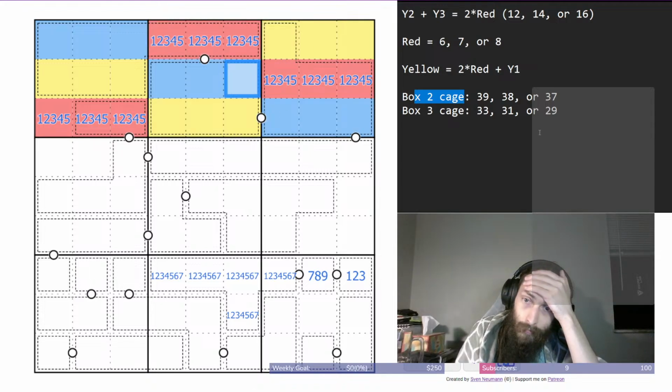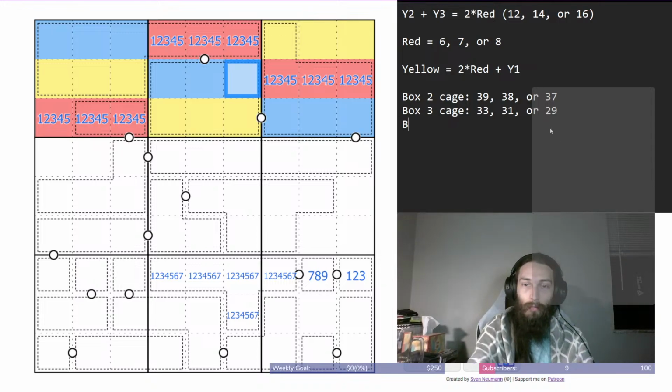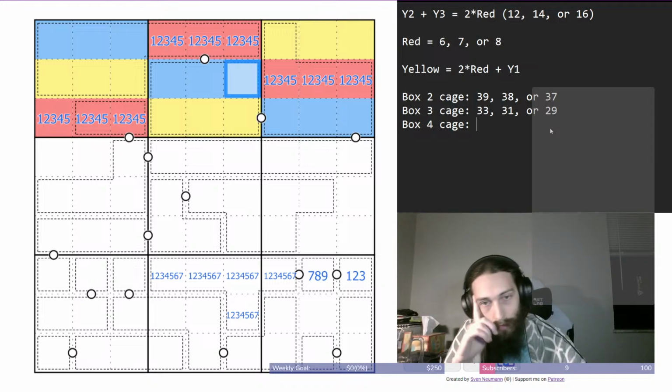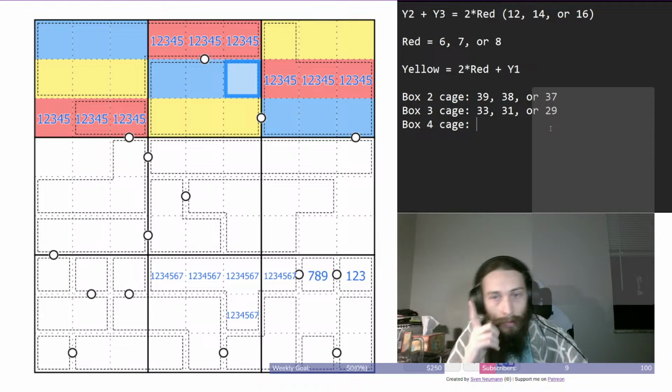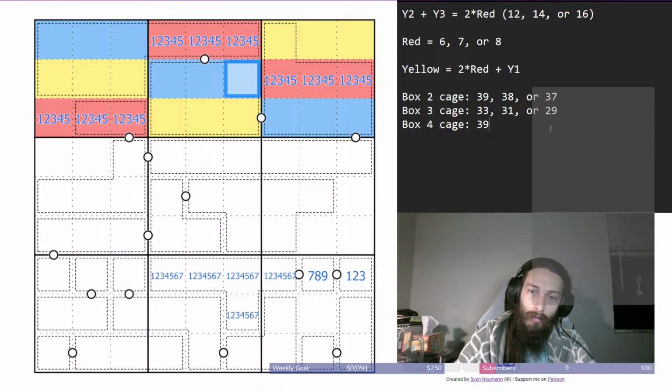Right. So I guess maybe we go then to box 4 cage. Which could then be 39 or 27. 38 or 26.